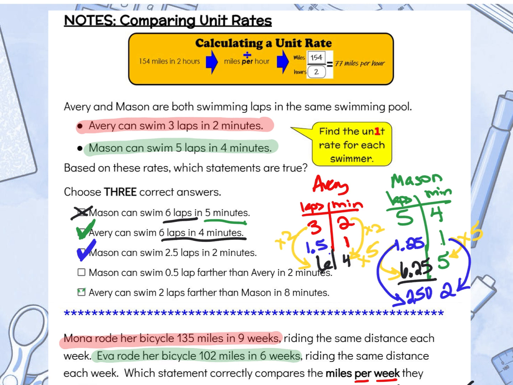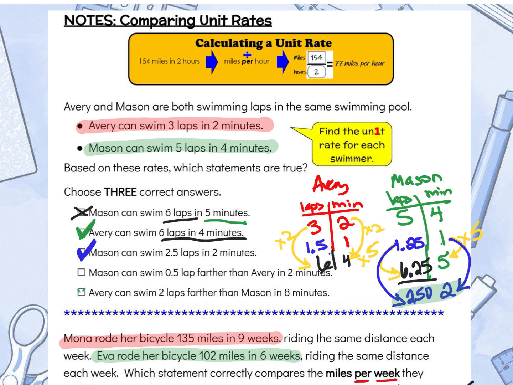Next, Mason can swim 0.5 laps farther than Avery in 2 minutes. Okay, so we need 2 minutes for both of them. We already have 2 minutes on Mason's table, but we don't have it on Avery's table yet. So, oh, no, actually we do. I'm sorry.